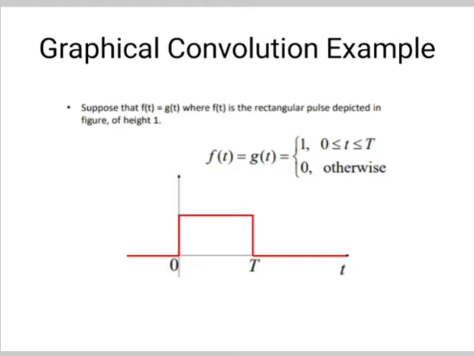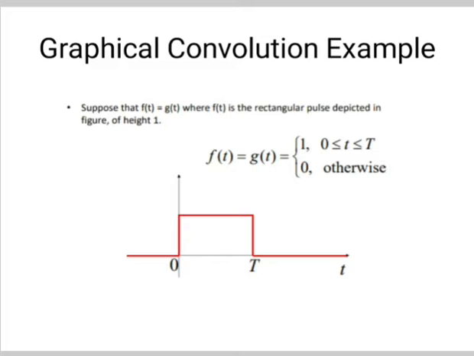So now, this diagram is the graphical convolution example. Suppose that f of t is equal to g of t, where f of t is a rectangular pulse depicted in the figure, of height 1.